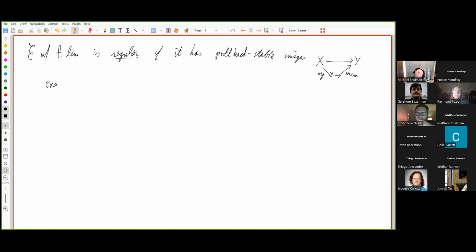And then beyond that, it's exact if it's regular and every internal equivalence relation is effective, meaning that it is the kernel pair of something.